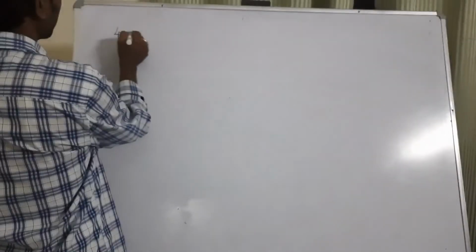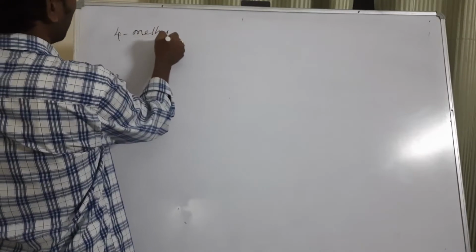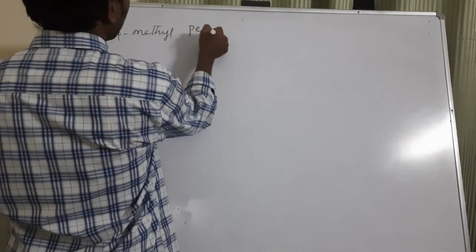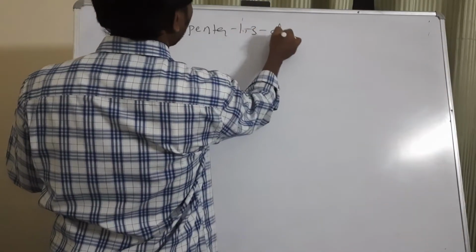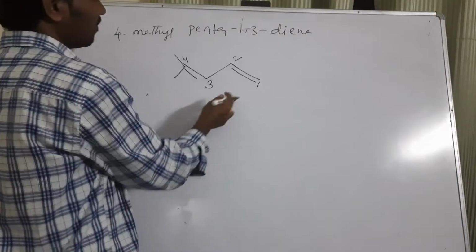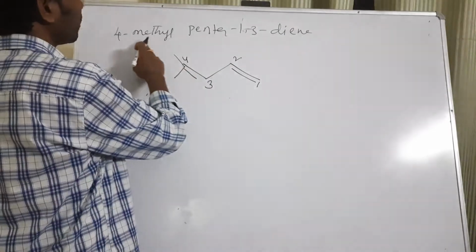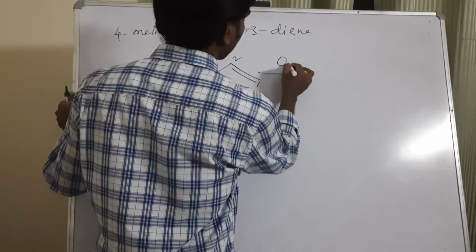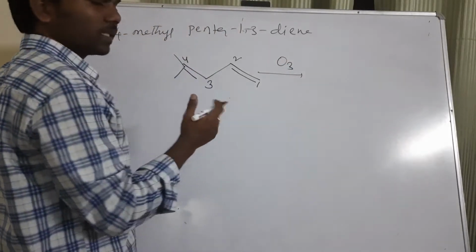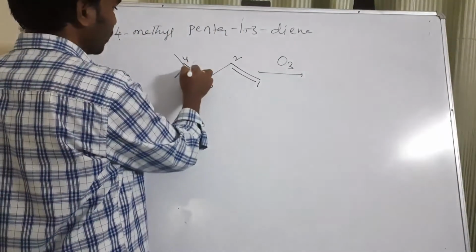Taking one small example, 4-methyl penta 1,3 diene. If you go for ozonolysis, here 3 different products will come. So you break here.